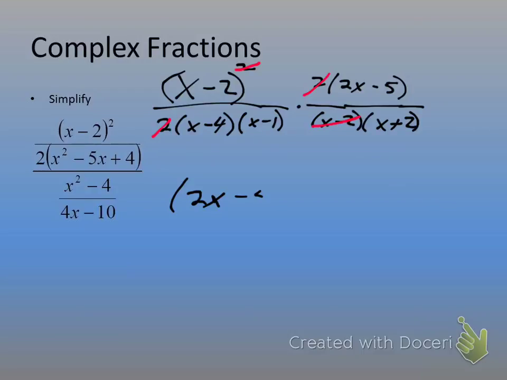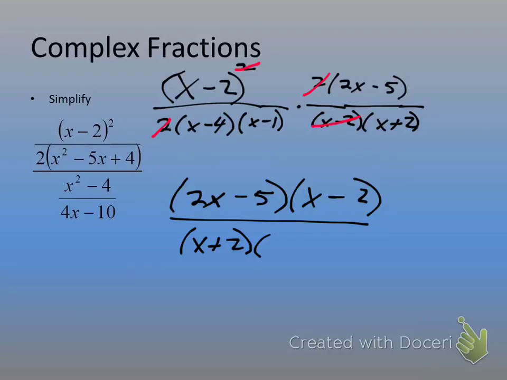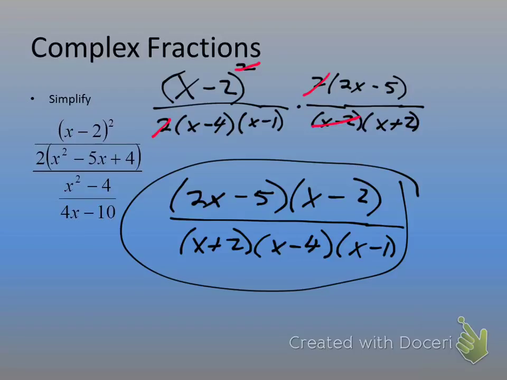So 2x minus 5 times x minus 2 all over x plus 2, x minus 4, and x minus 1, giving you 5 binomials in your answer, not just the denominator.